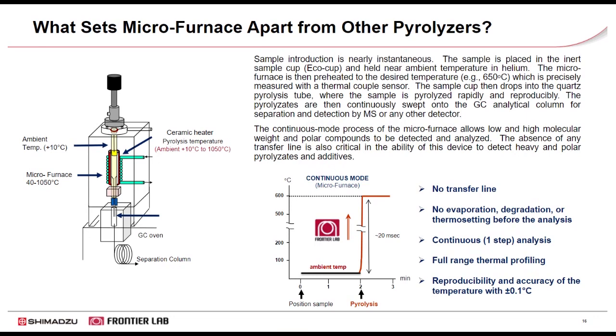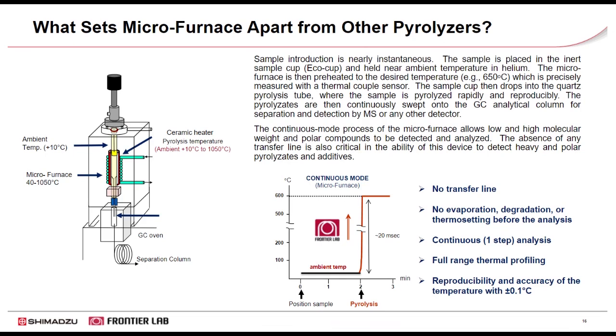The microfurnace is then preheated to the desired temperature that is precisely measured with a thermocouple sensor. The sample cup then drops into the quartz pyrolysis tube where the sample is rapidly and reproducibly pyrolyzed.